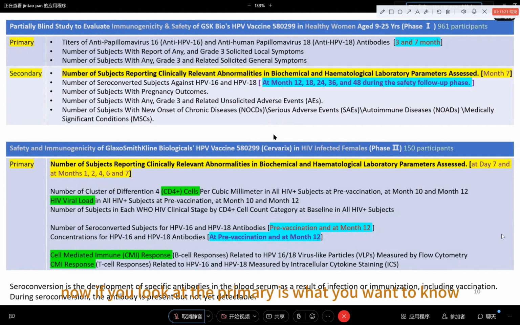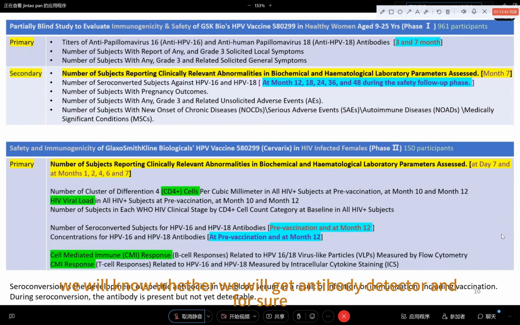So now, the primary is what you want to know, which is directly related to the vaccination. But when you go into secondary, it's other things that we think might happen, but we are not sure. For sure, we will know whether we're going to get antibody titer, and for sure, we'll know whether there is a direct adverse effect or not.